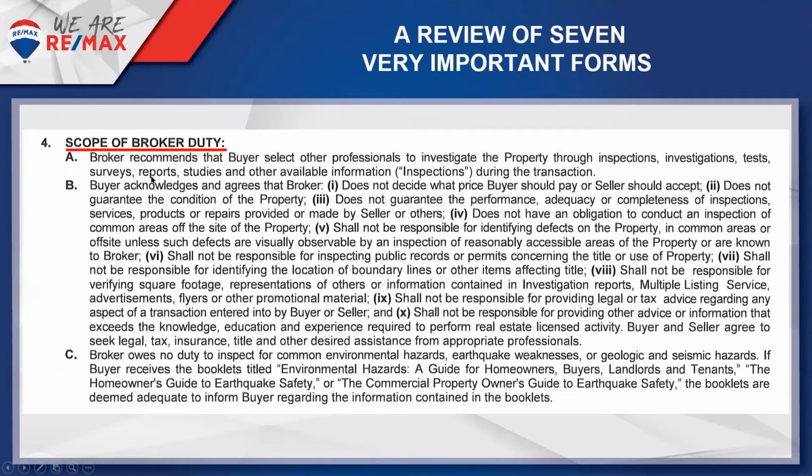Okay, the scope of duty of the buyer. I'm not going to spend a lot of time reading each of these, but this form has a great listing of all of the obligations a broker has or what they don't have.